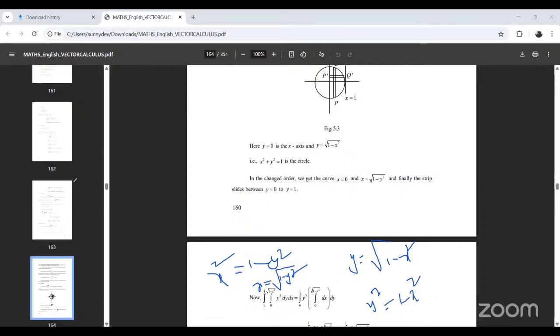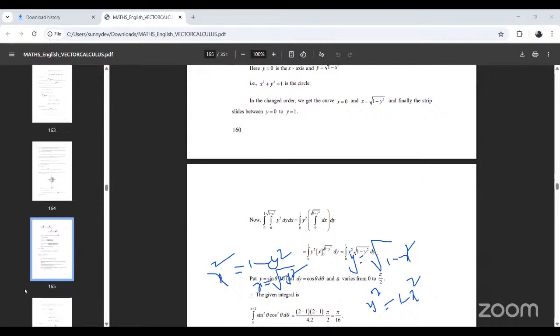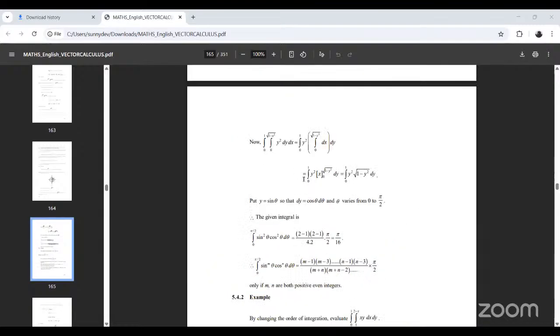Okay, so observe here. Previously, the y limits are 0 to under root of 1 minus x square, and x limits are 0 to 1.